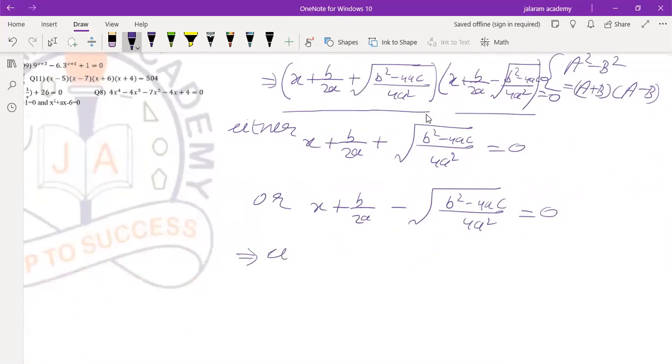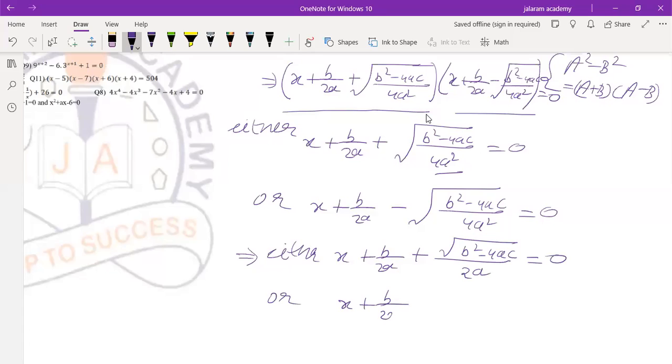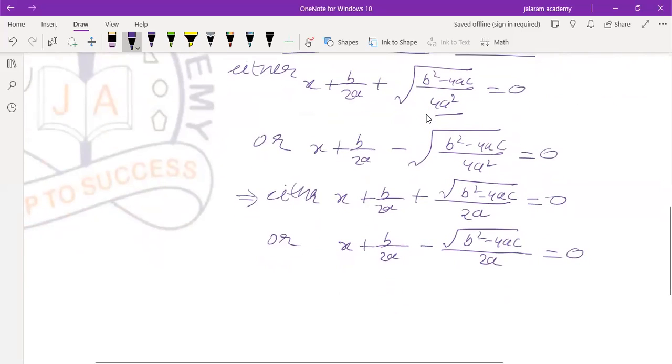It implies either x plus b by 2a plus under root b square minus 4ac upon square root of 4a square, which is 2a, equals to 0, or x plus b by 2a minus under root of b square minus 4ac upon 2a equals to 0. Is that clear to you?